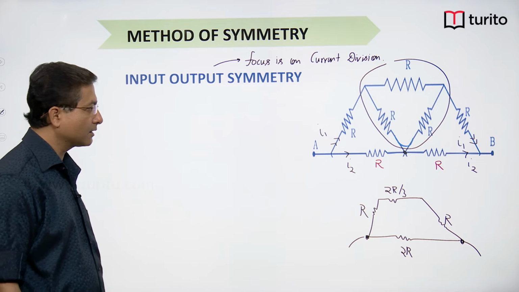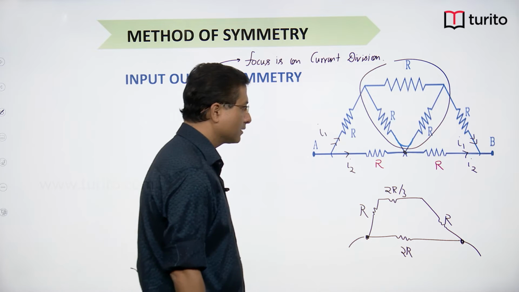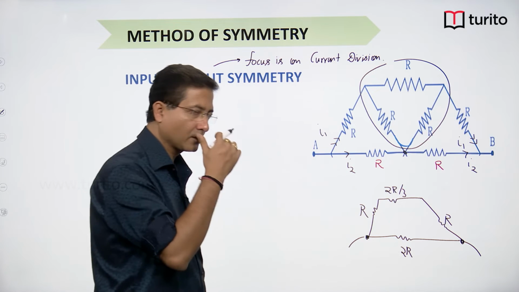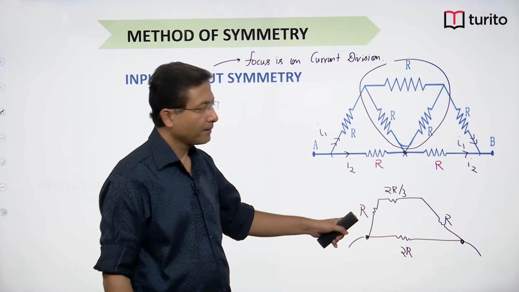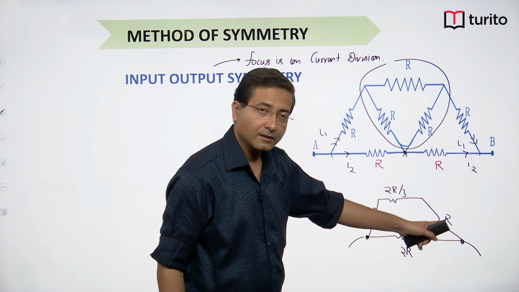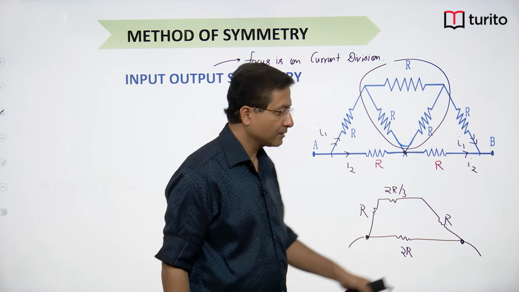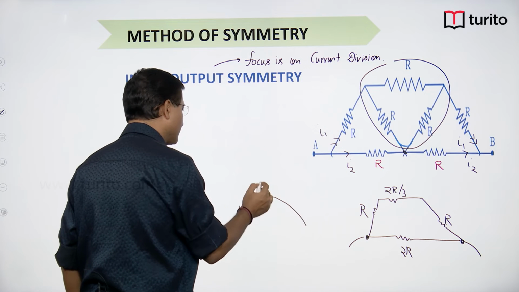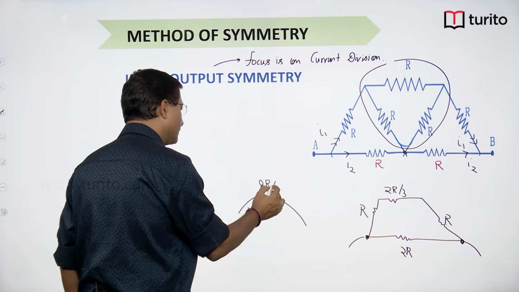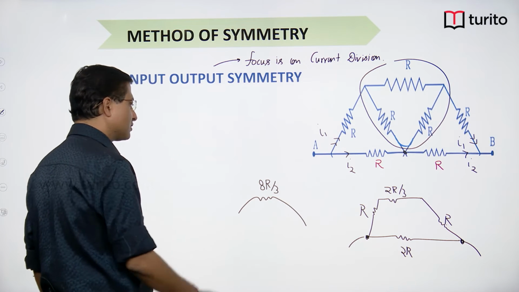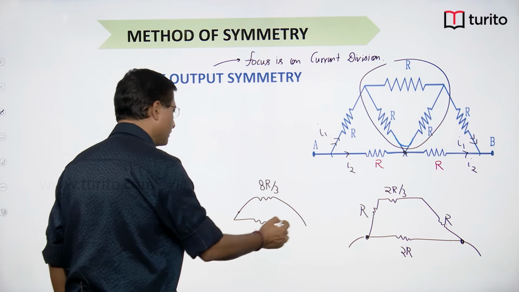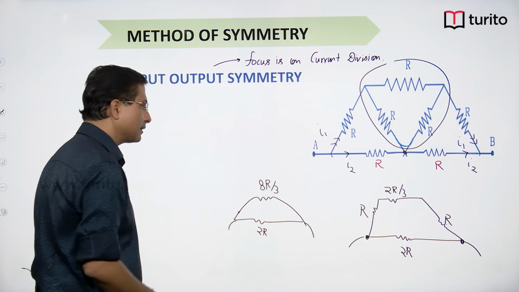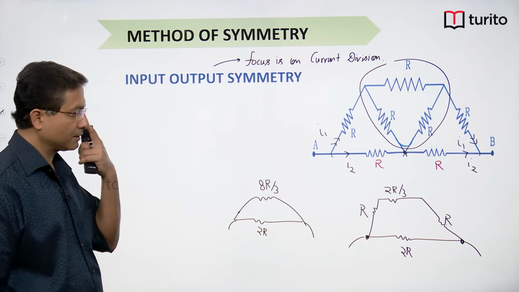So this is the circuit we are getting, and we can further simplify. 2R by 3 plus R, 5R by 3, 5R by 3 plus R, 8R by 3. So this upper branch I can replace by a single resistor 8R by 3, and this is 2R, and they are connected in parallel combination, right.